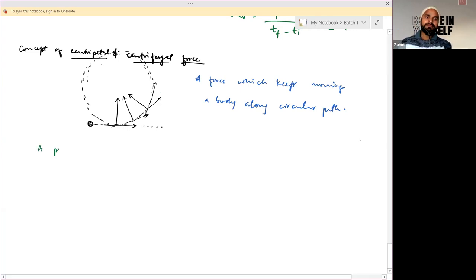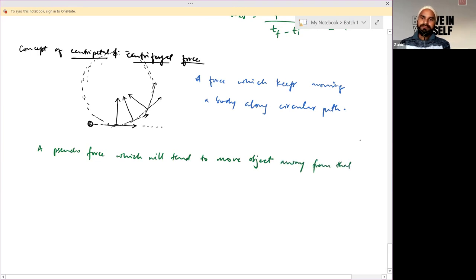So you'll say a pseudo force which will tend to move the object away from that circular path, and which acts so due to inertia of direction, is called centrifugal force.